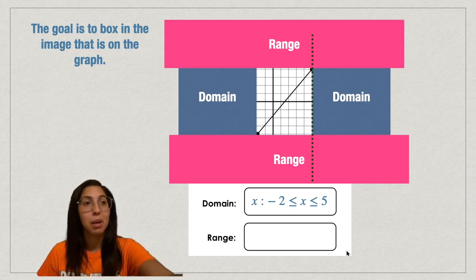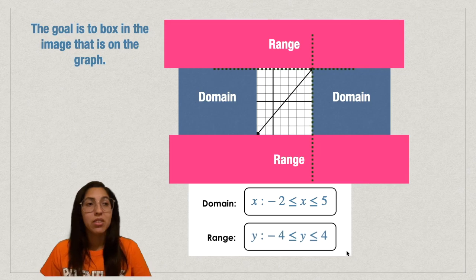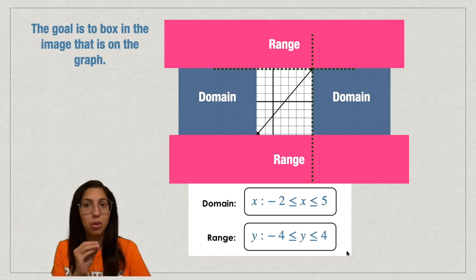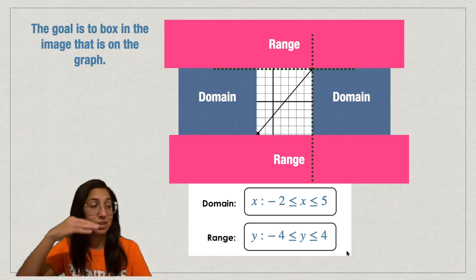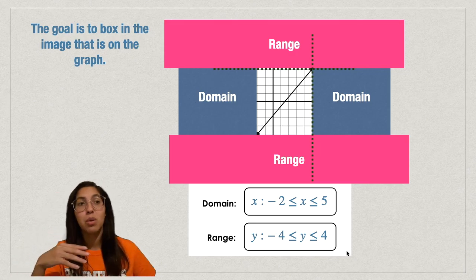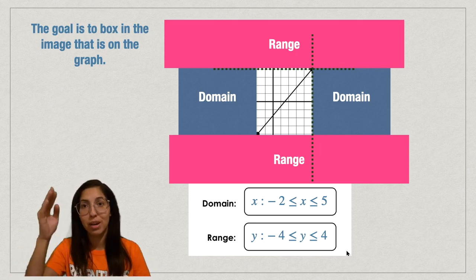Now I'm going to look at my range. Start from the bottom, scan it up to the top. My range goes from all y values, colon, -4 is my lowest, which is less than or equal to all the y's in between, which is less than or equal to 4. That's all we're saying: this picture has a point on the y-axis anywhere from -4 to +4.